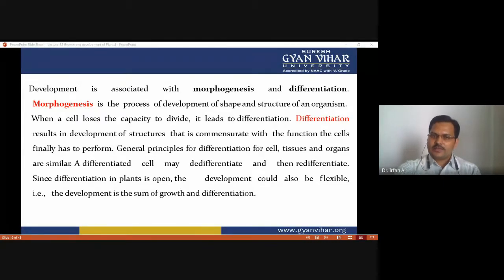The general principles for differentiation of cell, tissue, and organ are similar, and a differentiated cell may de-differentiate and then again re-differentiate. Since differentiation in plants is open, the development could also be flexible. That is, development is the sum of growth and differentiation.